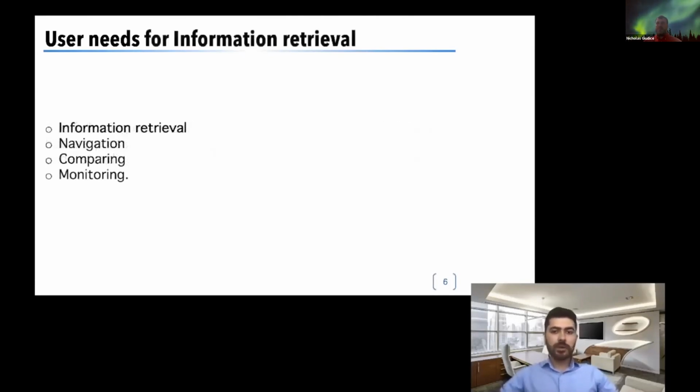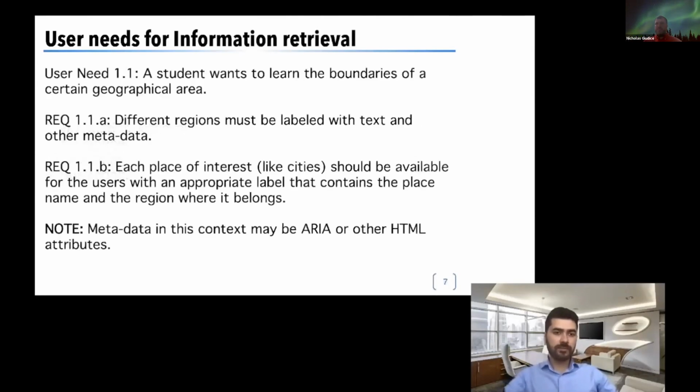So, user needs for information retrieval. We are going to start from the first user need and the first two requirements. Okay, so the first user need: a student wants to learn the boundaries of a certain geographical area. We have two requirements to solve this. Different regions must be labeled with text and other metadata, and each place of interest, for example cities, should be available with labels that contain not only the place of interest, but also the region where it belongs.